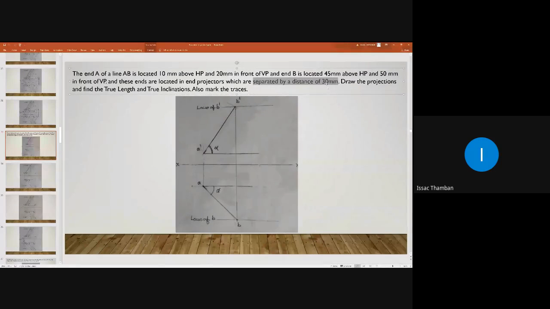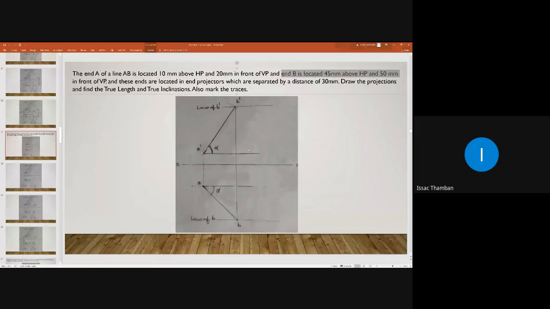After leaving 30 mm, you draw the second end projector here. Do it. This distance must be 30 mm. It is given in the question. Do it. And on that second end projector, you can mark the position of end B.